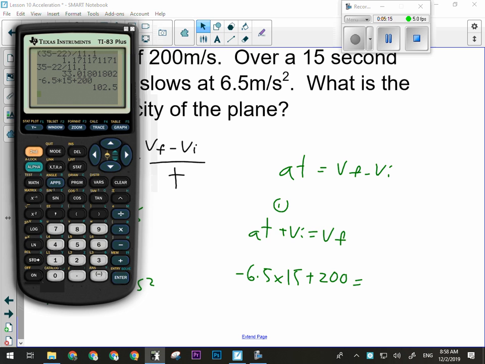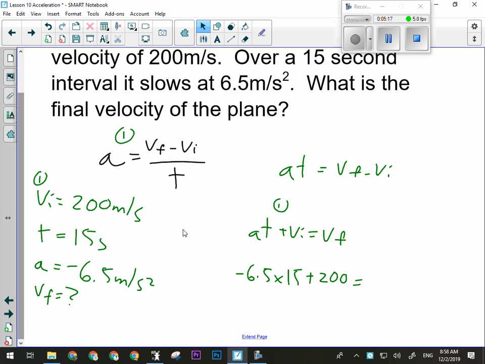All right, so we're looking at 102.5, except I have how many significant figures here? I always go with the least number of significant figures. Okay, the smallest number is 2. Right?